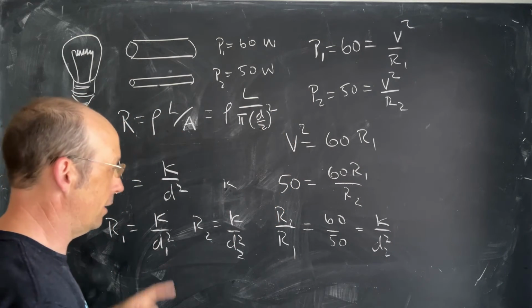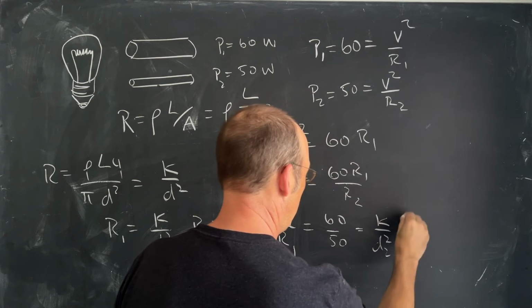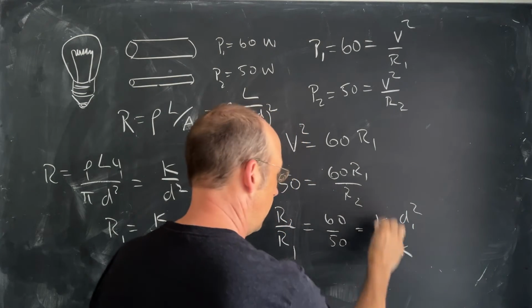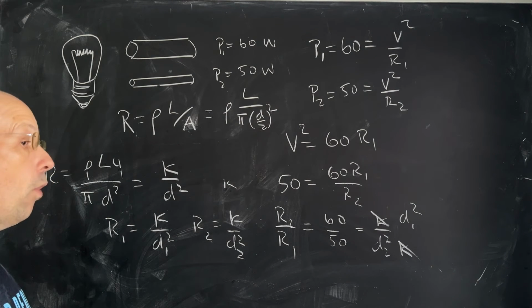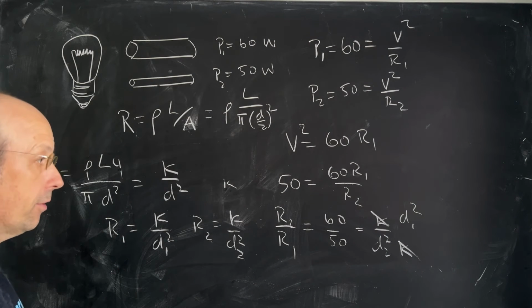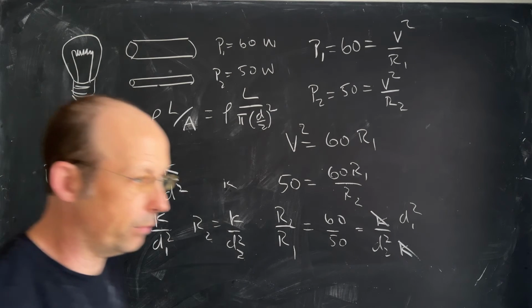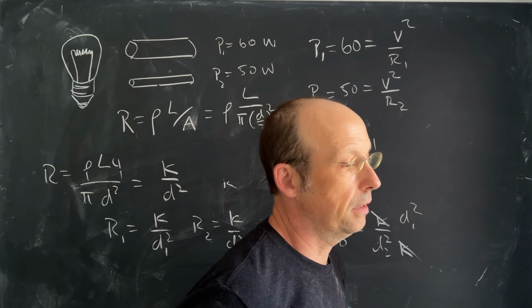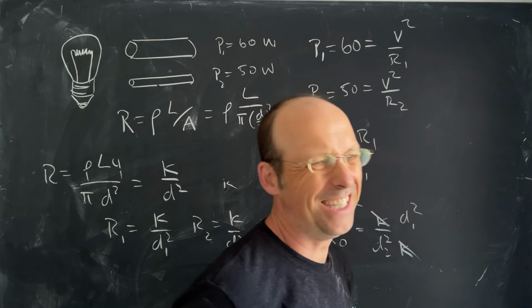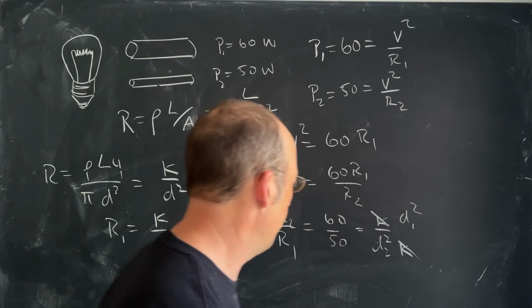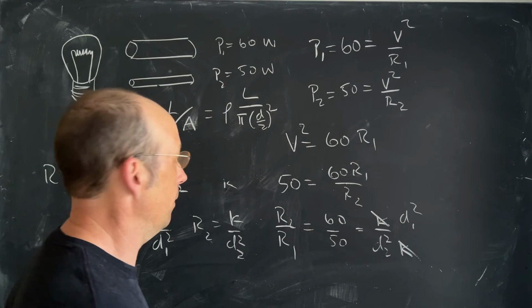R1 is this, so it's k over d1 squared. The k is canceled. And I want the ratio of the diameters. I guess I did do it backwards. It says, by what factor is the diameter reduced? That's kind of a weird way of saying it. Well, that's fine. We can take the inverse again.